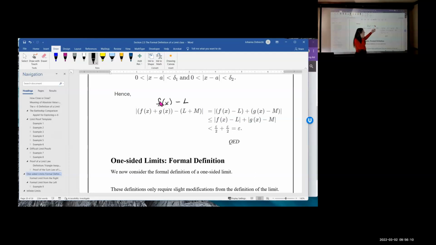Now, the next thing is that we can rearrange the order that these are written in, and we can write f of x minus L plus g of x minus m. So this is just rearranged terms. And then we use the triangle inequality. So this step right here is the triangle inequality.